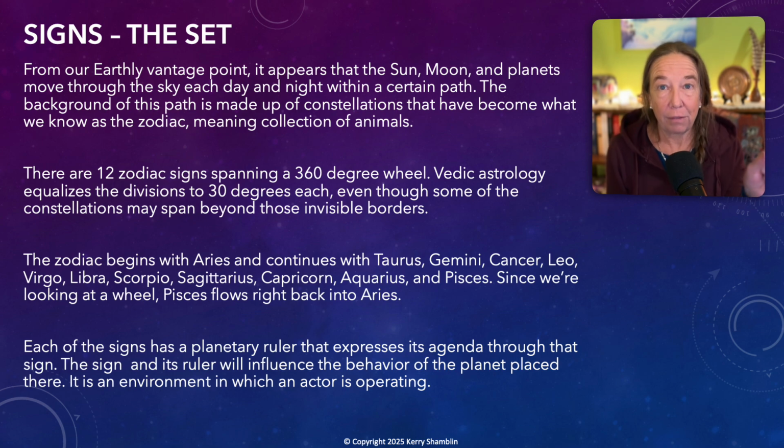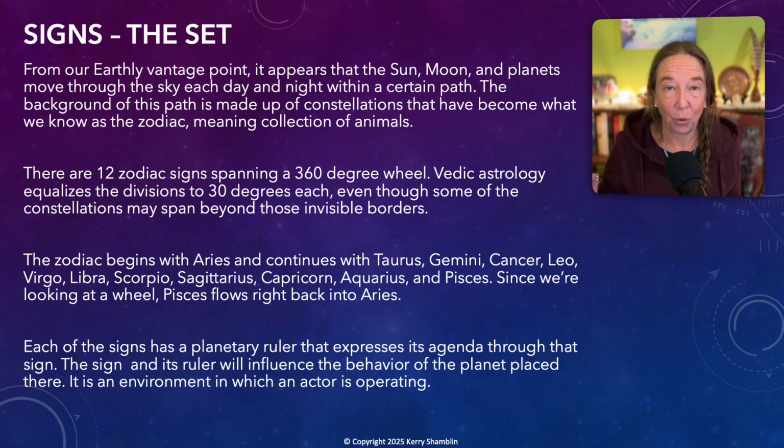Each one of them rules one sign, so that's 2 out of 12. The 5 middle ones that we can see each rule 2 signs. That's 12. But then the nodes of the moon get to co-rule one sign each. So the signs really become an expression of a planet or a combination of planetary energy.